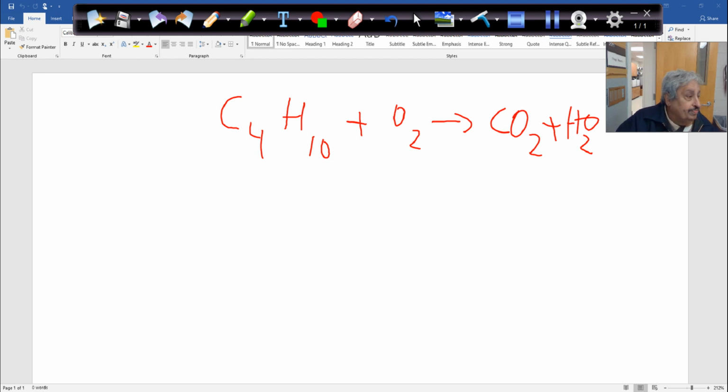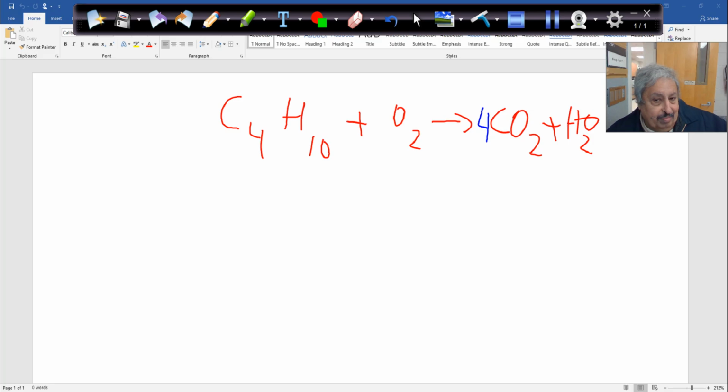Somebody will help me with the balancing? So what should I do first? I have 4 carbons at the left, 4 carbons at the right.